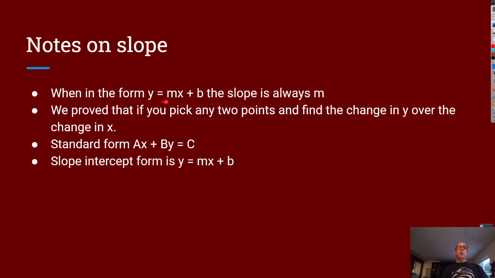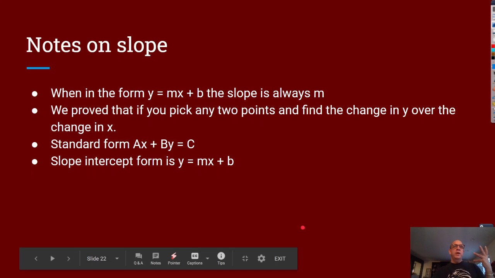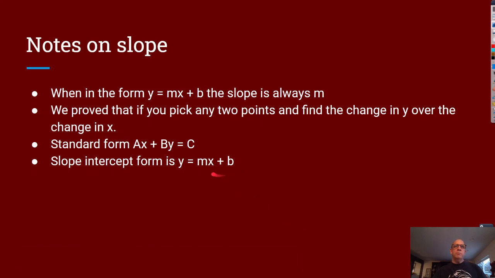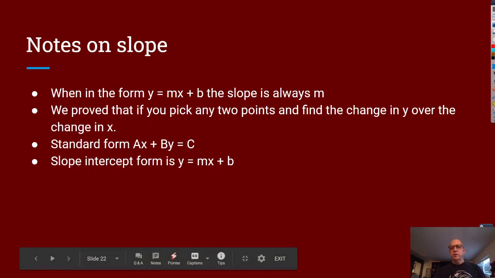When in the form y equals mx plus b, the slope is m. We proved that if you pick any 2 points and find the change in y over the change in x, you get the slope m. Standard form is ax plus by equals c, and slope-intercept form is y equals mx plus b. And one more thing: if they have the same intercept but a different slope, they are different lines.